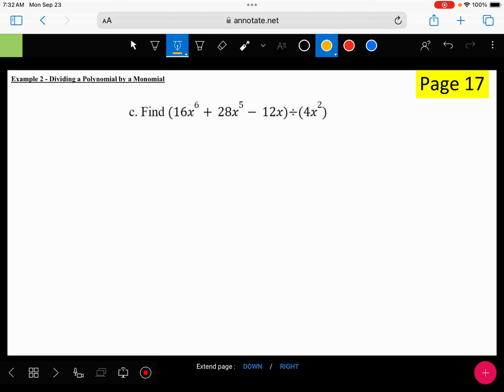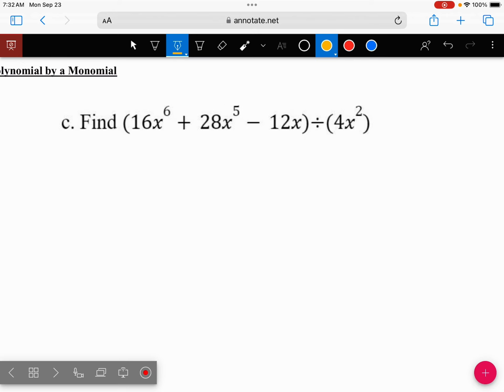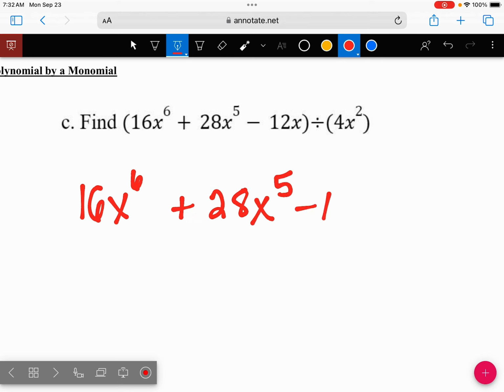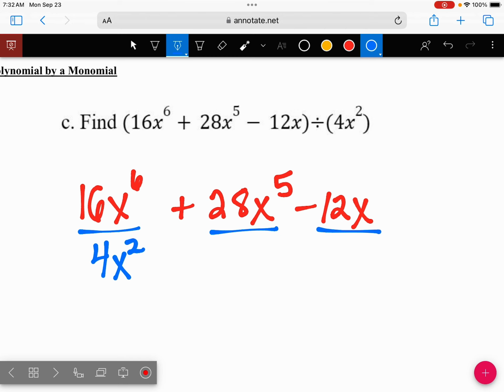So this time we have x squared. So we're subtracting each exponent by 2. All right, so for the first one, we got 16 divided by 4, which is 4.